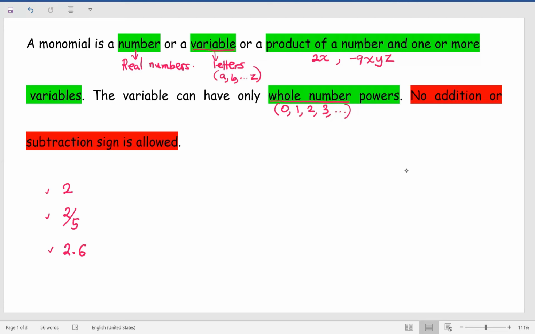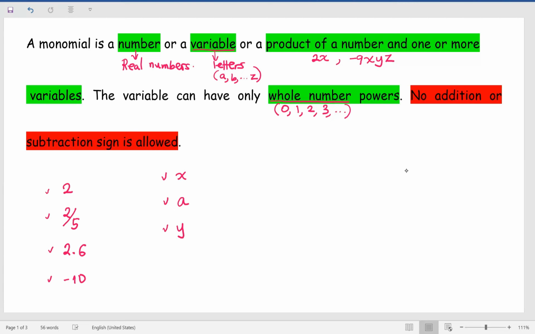You can have a negative, let's say negative 10, it is a monomial. Okay? Then you can also have a variable. Let's say you have got x, let's say you have got a, let's say you have got y, all these, you can say that that is a monomial.